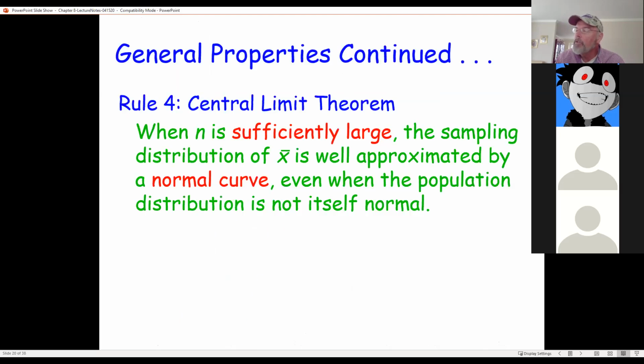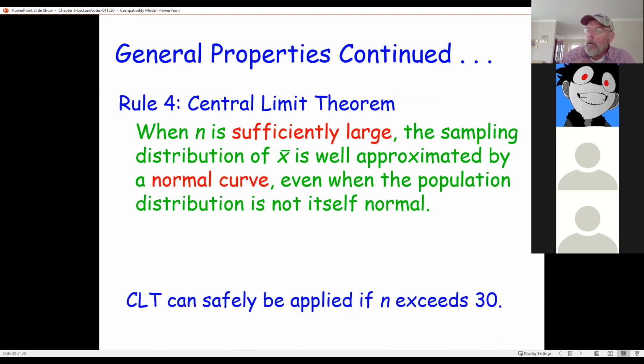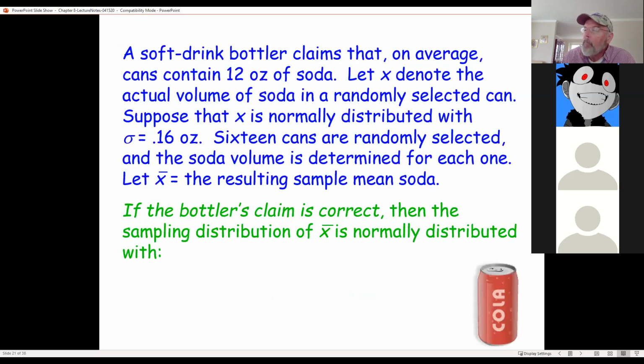So I would say n equals 30. The central limit theorem can safely be applied if n exceeds 30, often called the 30 rule.